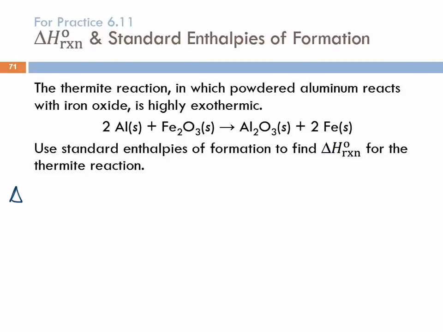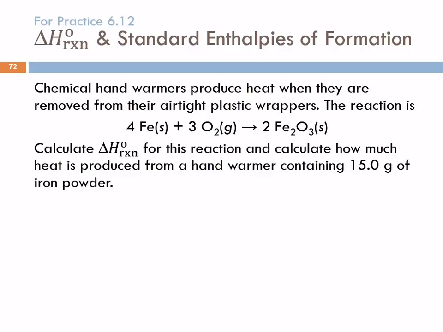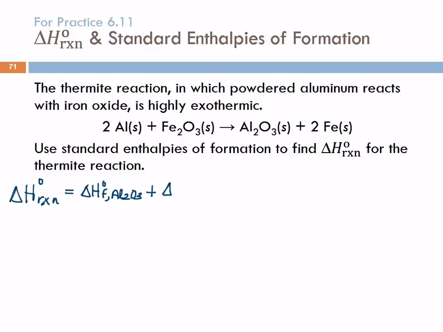So the standard enthalpy of reaction for this is going to equal the heats of formation for the products, so delta H f for Al2O3 plus 2 times the heat of formation for iron.